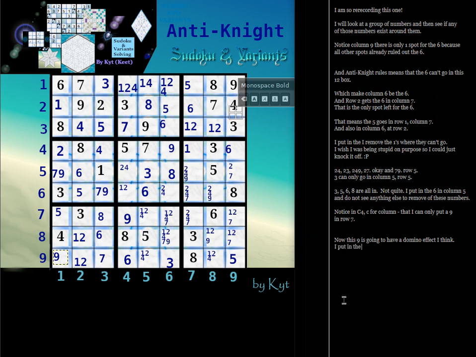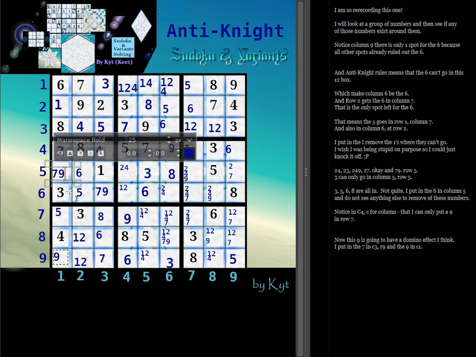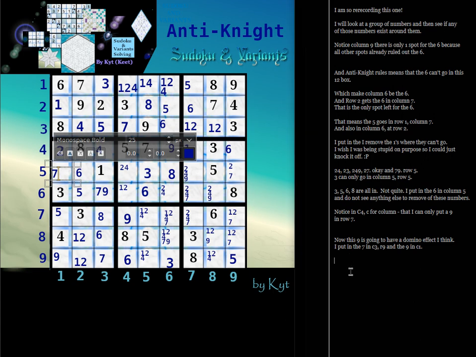I put in the 7 in column 3, row 9, and the 9 in column 1, and the 7 in row 5, column 1.